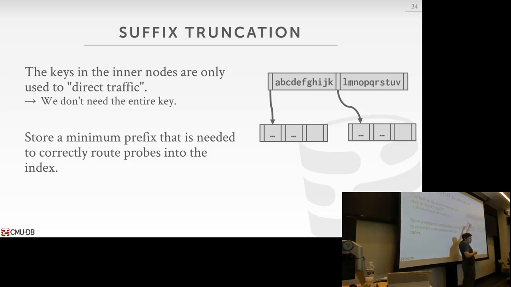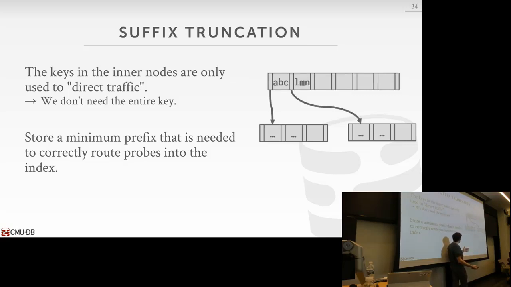But if I'm just trying to see whether I want to go left or right, I can probably get by just looking at the first character here. So instead of storing the entire key in the inner node, I'll just store a uniquely distinguishing prefix of it and then throw away the remaining suffix. In this case, I could have just stored L and A and L, and that would have been enough, but I'm showing ABC, LM, and N.